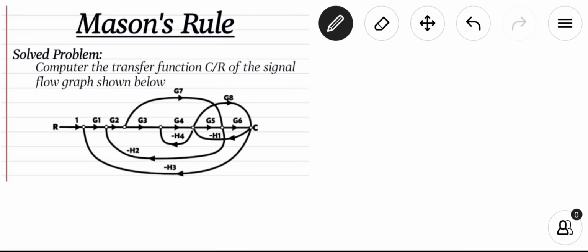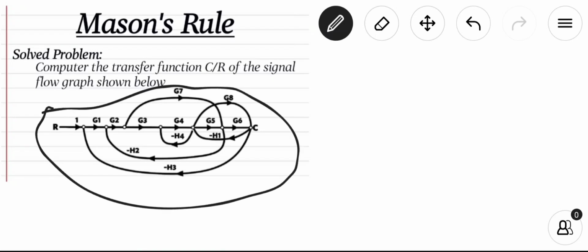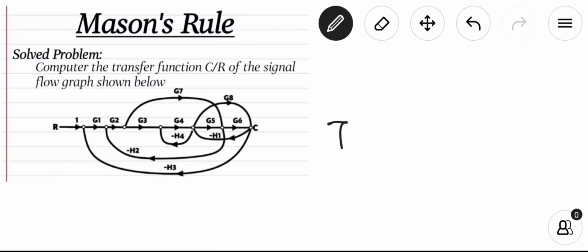Given a block diagram, after converting it to this form, which is called a signal flow graph, you can use Mason's rule to find the transfer function.